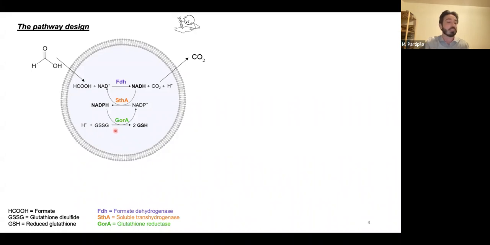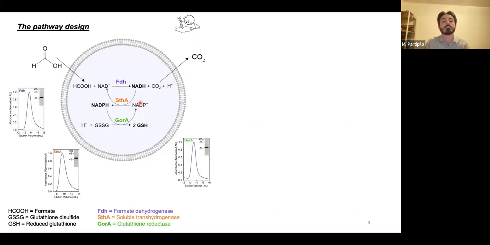But the other effect that we will get from this final step is the reoxidation of the pool of NADP+, that is again available for the second reaction. So our pathway can sustain its action with the three reactions taking place in the lumen.